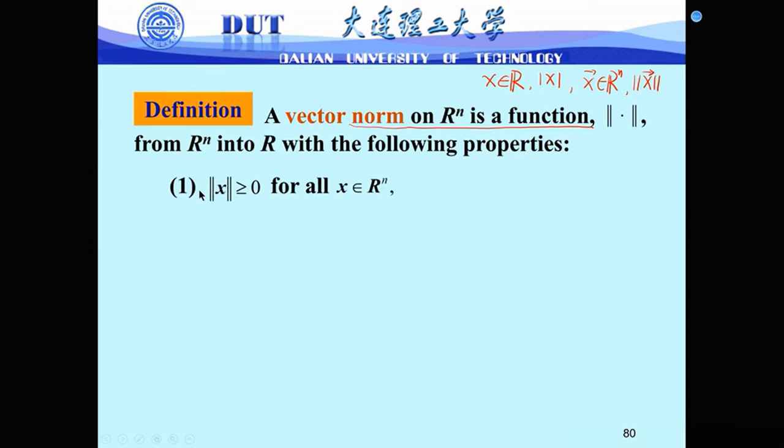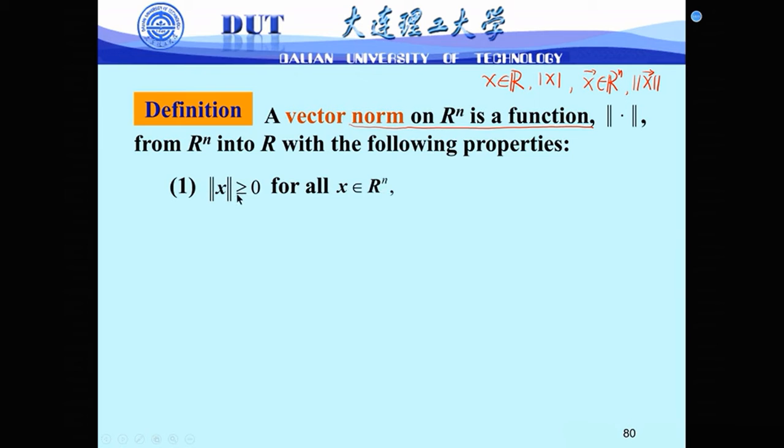The first property: for all n-dimensional vectors x, because here we use x directly to reference a vector, you should know this x is a vector, not a number, its norm is positive.